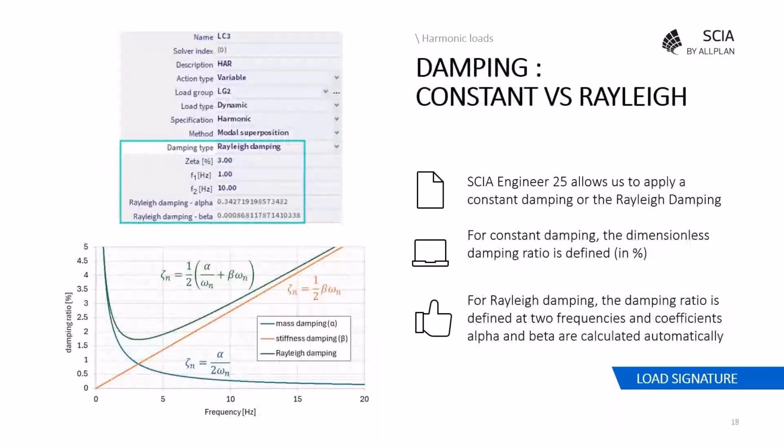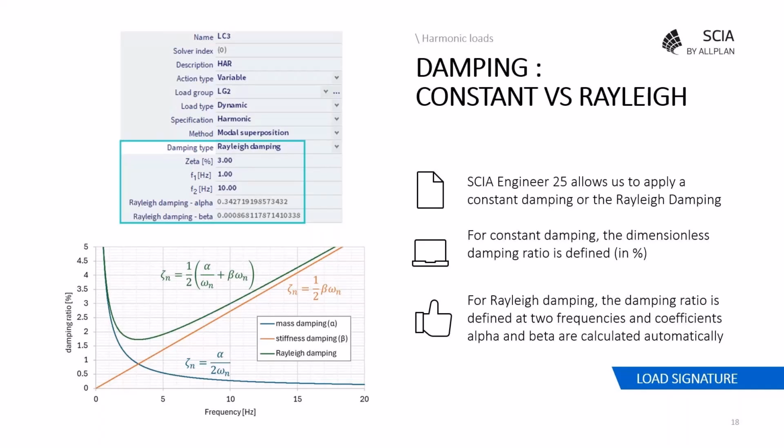Next, we will talk a bit about damping. Before, we had the possibility to have a constant damping in SCIA; now we have also introduced the option to use a Rayleigh damping. For constant damping, the dimensionless damping ratio is defined in percentage. As for the Rayleigh damping, it is defined as two values at two specific frequencies, and the coefficients alpha and beta will be calculated automatically.